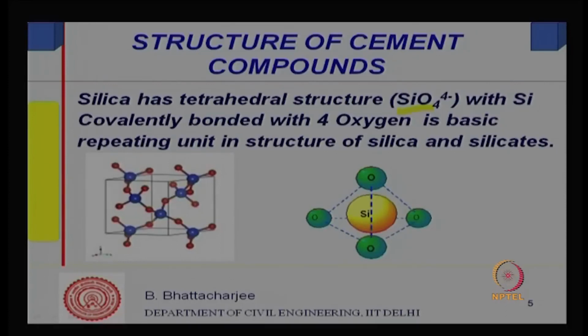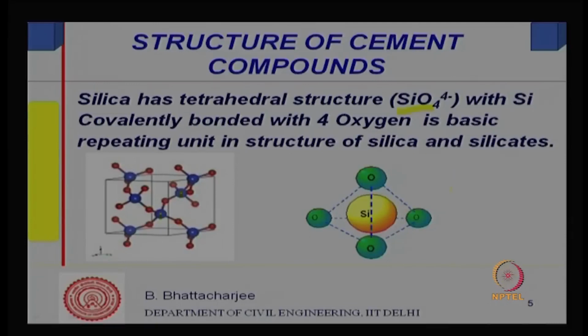So, you can see that they repeat itself, and each oxygen is combined with 2 silicon. There is one silicon here, another silicon here. Each oxygen combines with 2 silicon, and this process repeats itself, and therefore, with one silica, half of one oxygen is connected to a silica and half is connected to another silica.